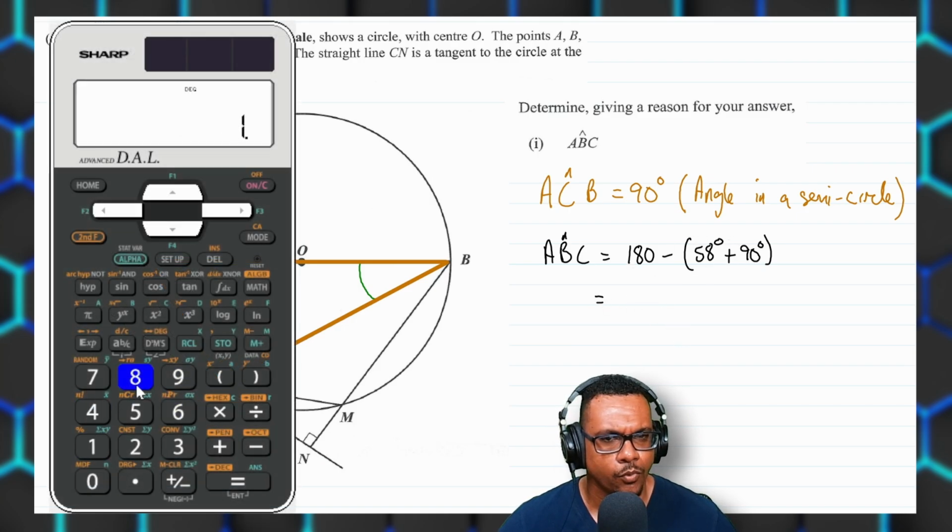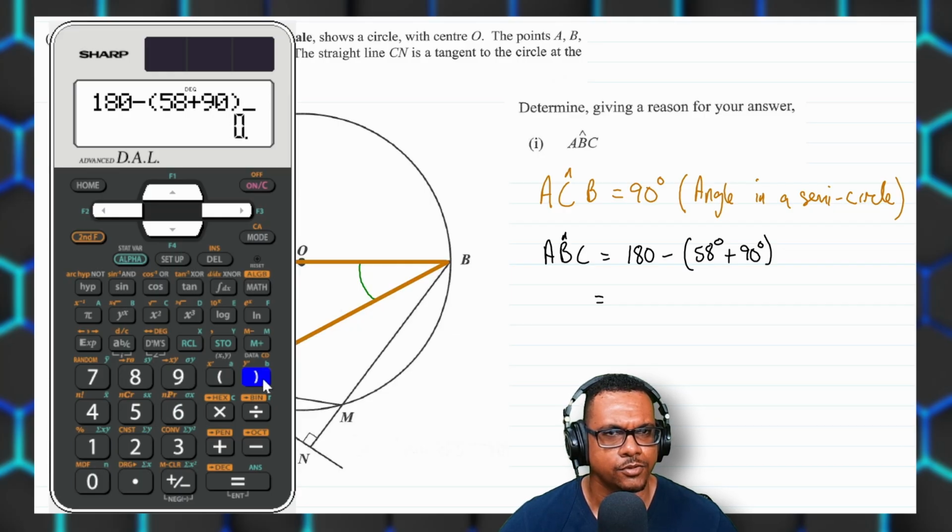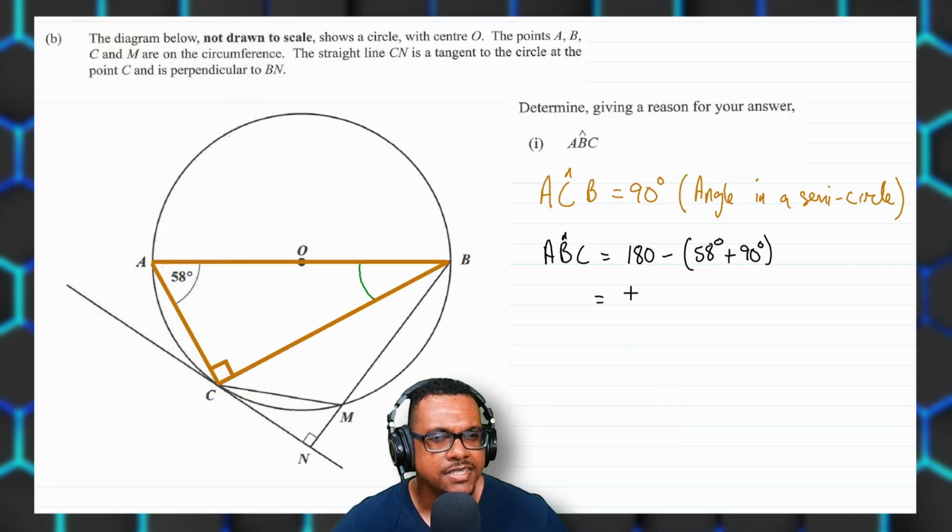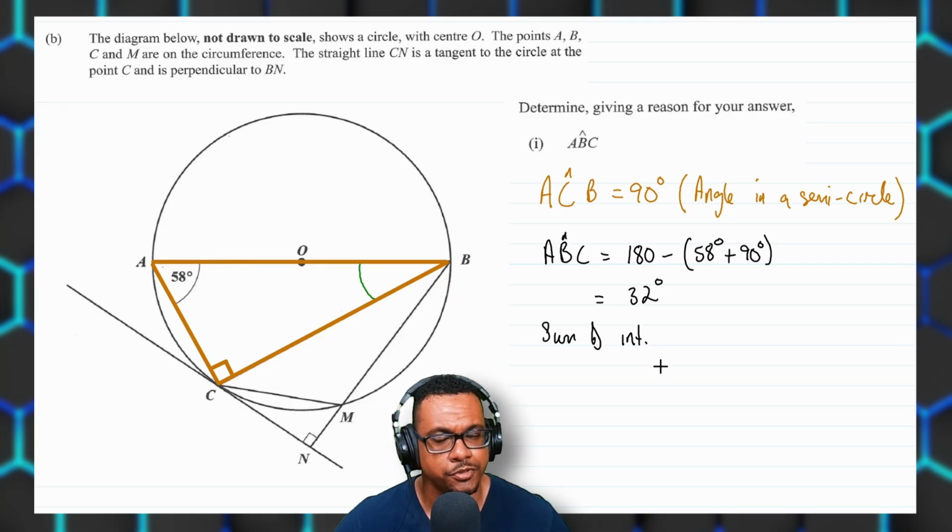So we simply have 180, take away open brackets, 58 plus 90, close brackets, and press equal, and we get 32 degrees. So angle ABC is 32 degrees. And my reason will be sum of the interior, so INT full stop is short for interior, angles of a triangle is equal to 180 degrees.